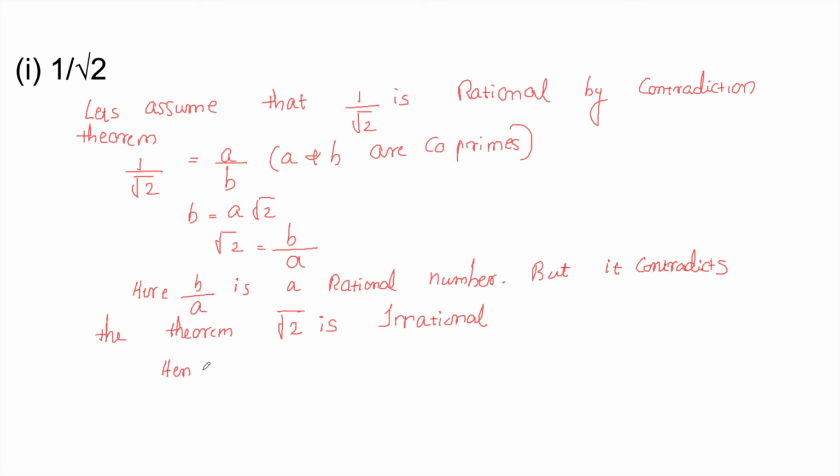Hence, 1 by root 2 is irrational only. Okay.